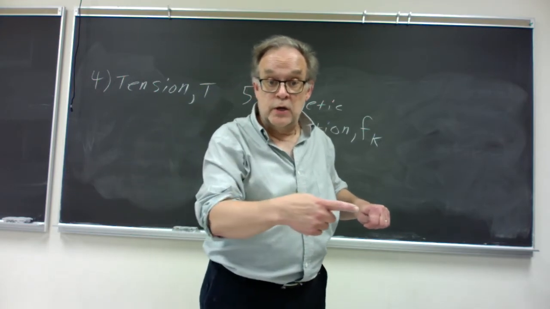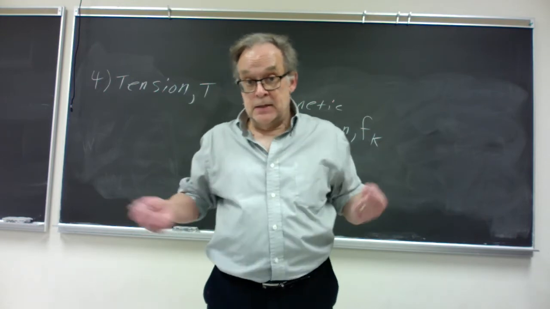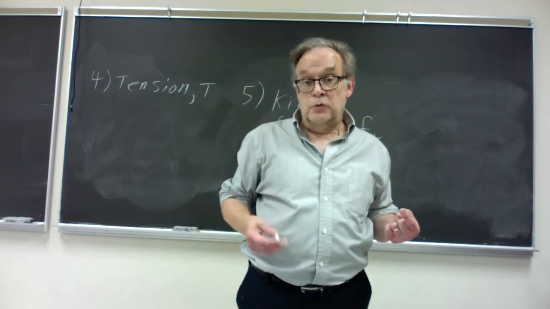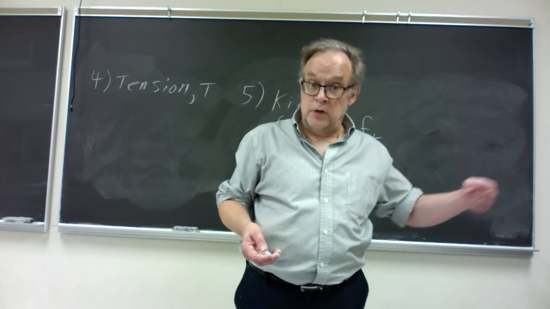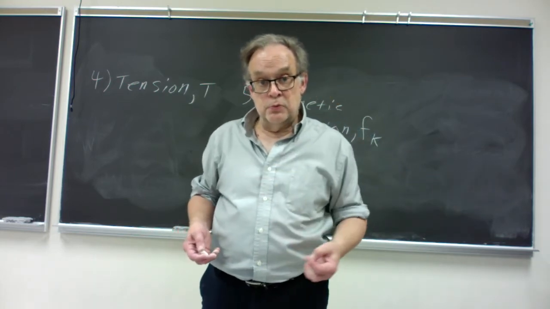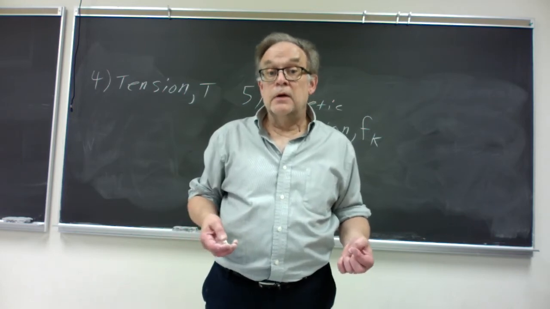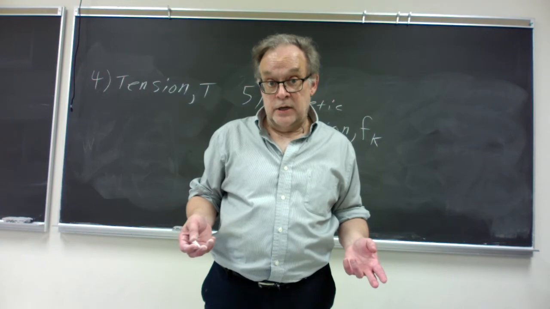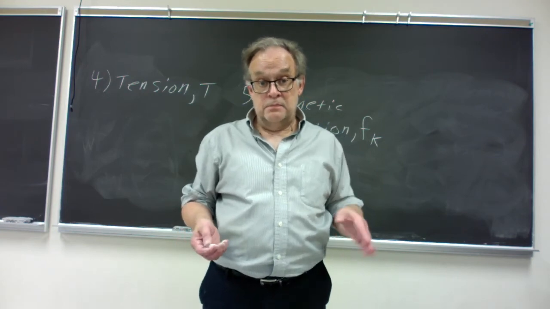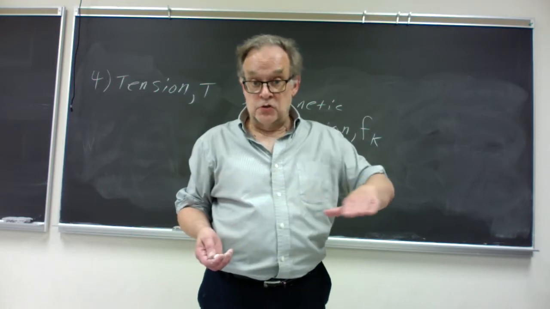Velocity points this way, but it's slowing down, so acceleration must have pointed this way. The force that produced that acceleration to make the book slow down, that's kinetic friction, because the bottom surface of the book is sliding across the surface of the table.